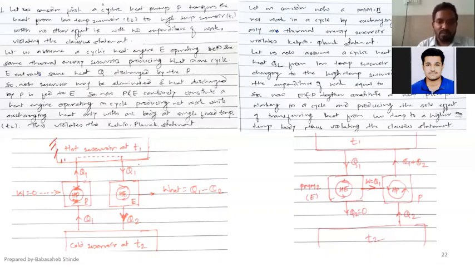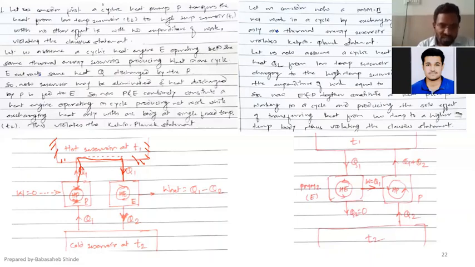Now this reservoir is not there, and we have connected the output of the heat pump directly to the input of the heat engine, because the heat rejected by the heat pump is exactly the same as that accepted by the heat engine. So instead of involving that reservoir, we have connected the output of the heat pump to the heat engine.